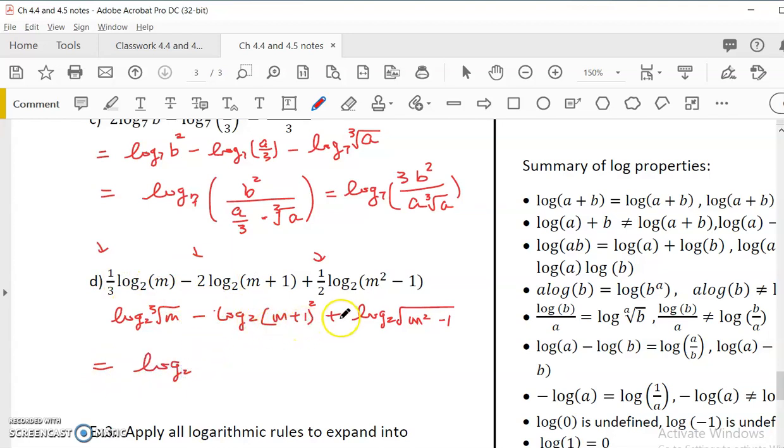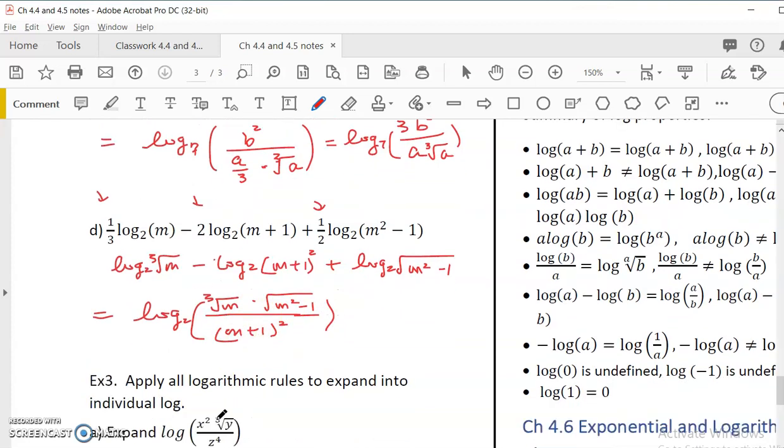This one, right? Add is in the top. So cube root of m, and then the minus this, so that means m plus 1 squared. And then add this, that means I multiply in the top, m squared minus 1, and that's it. I can't simplify anything. Don't cancel things like this because they are not factors.